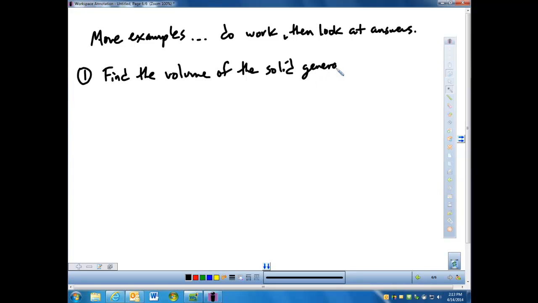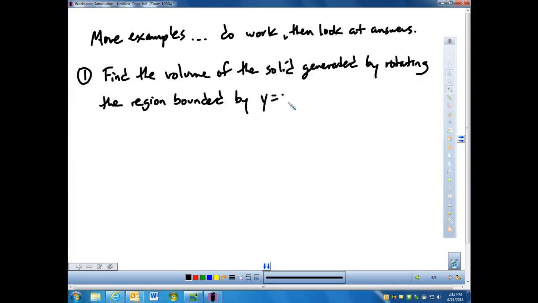So for the first one, we're going to find the volume of the solid generated by rotating the region bounded by y equals x squared, y equals 2, and the y-axis around the y-axis.